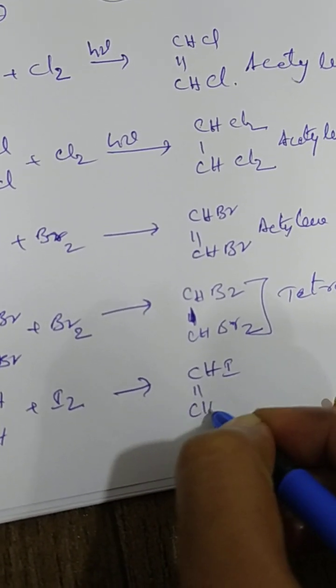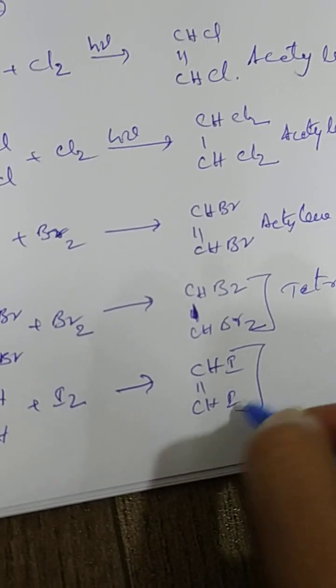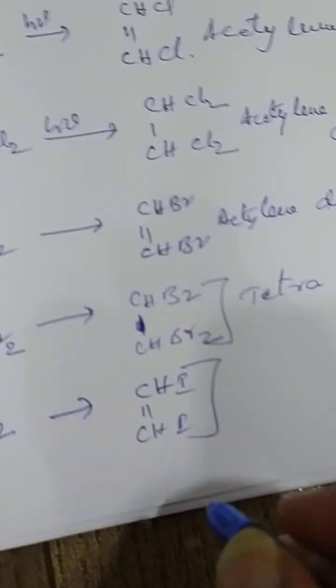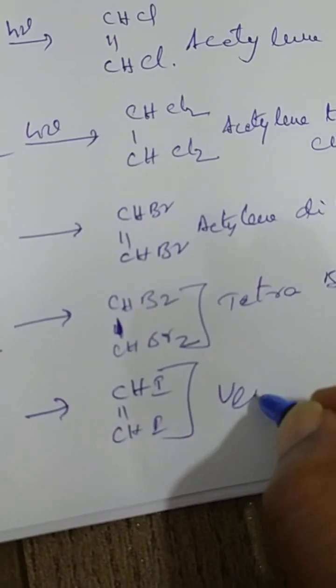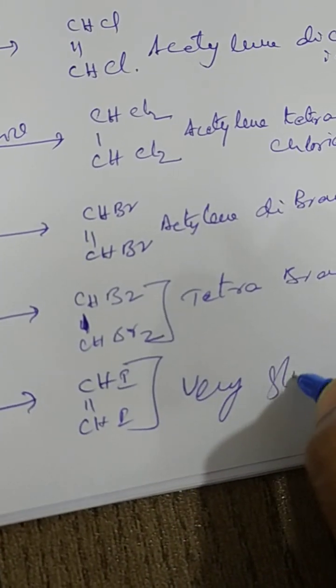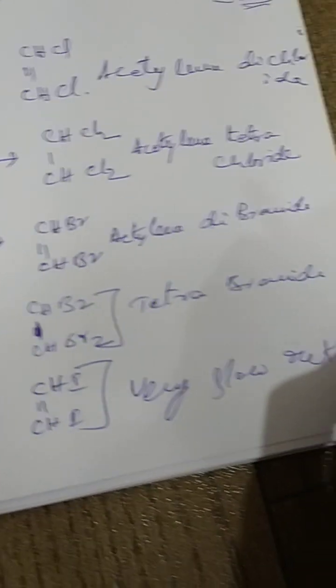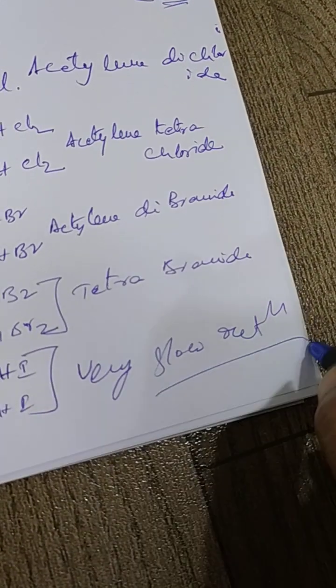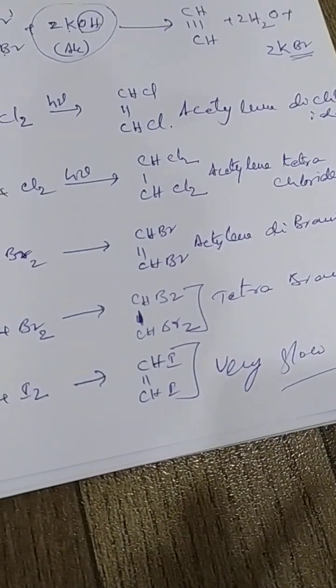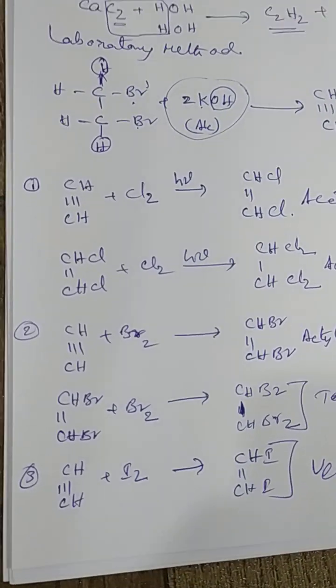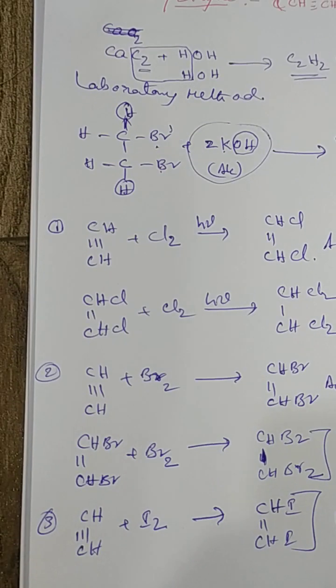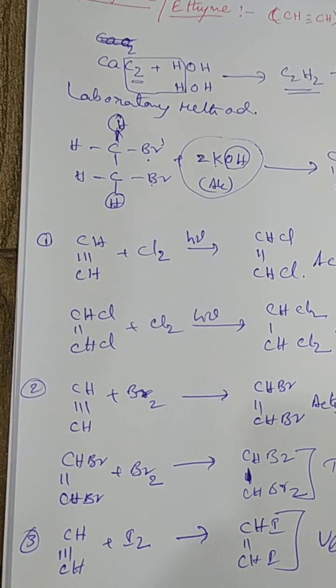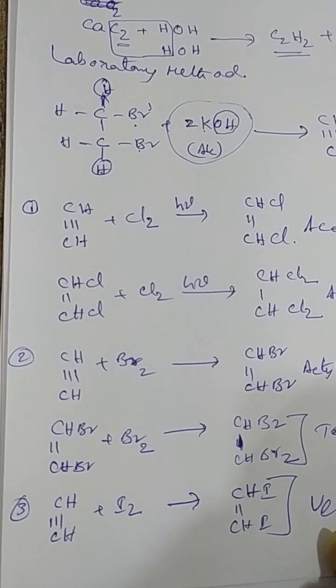This is also a very slow reaction. Why? Because the size of the iodine increases and the rigidness increases. Due to that, iodine will not make a good combination and will not make long chain reactions.